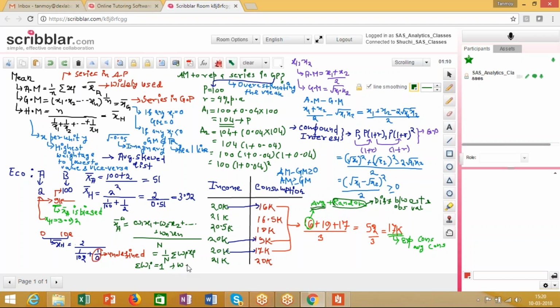The next question that comes up is why are we discussing weighted arithmetic mean? Where is it involved?